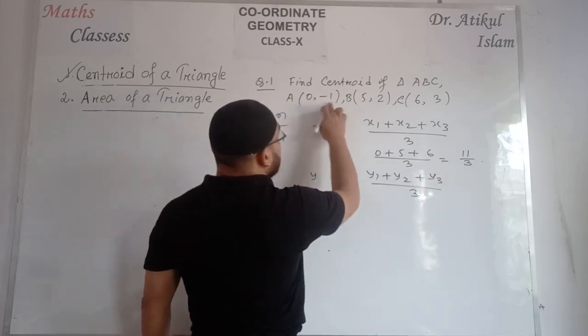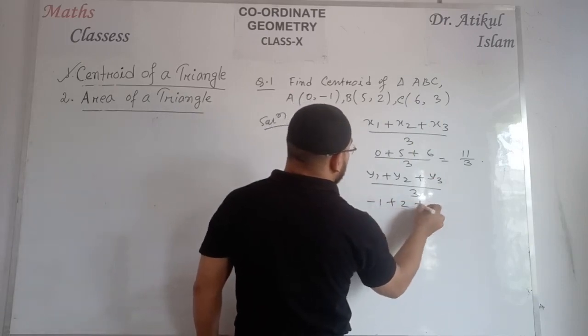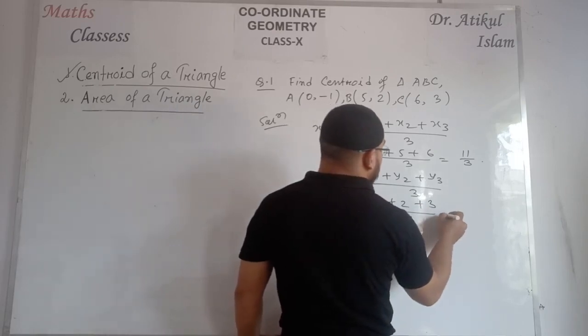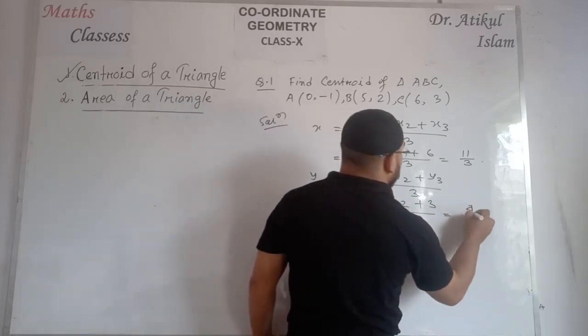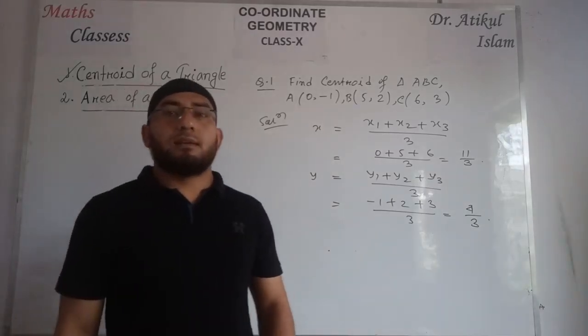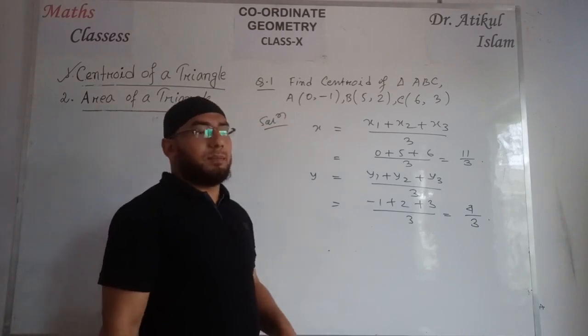So which is minus 1 plus 2 plus 3 divided by 3. So here we'll get 4 by 3. So in this way you can find the centroid of the triangle when vertices are given.